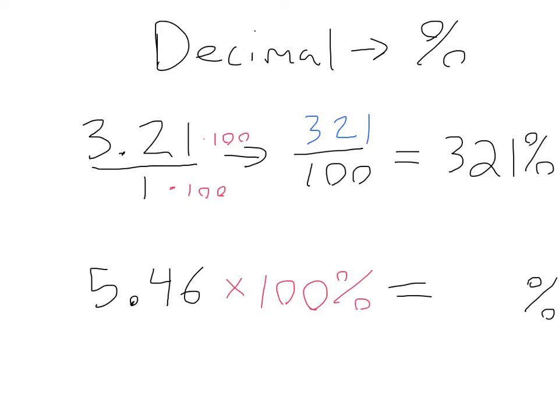And then we just do 5.46 times 100, which you could do with a calculator, but really it just means move the decimal place twice, and you get 546%. So to turn a decimal into a percent, you just multiply by 100%, which ends up being moving the decimal place 2 places and making the number a little bigger.